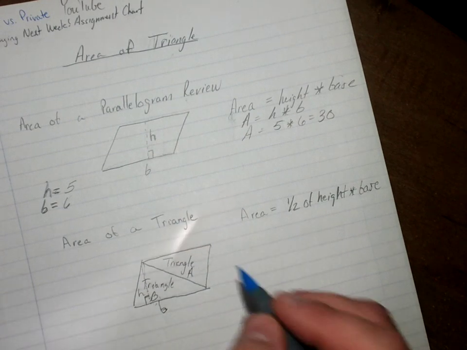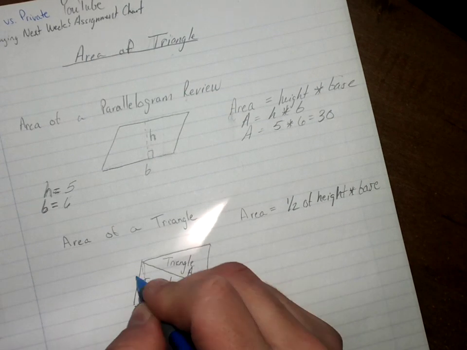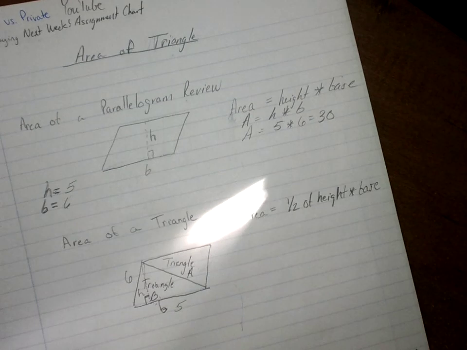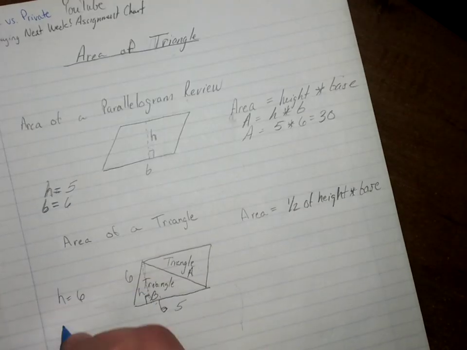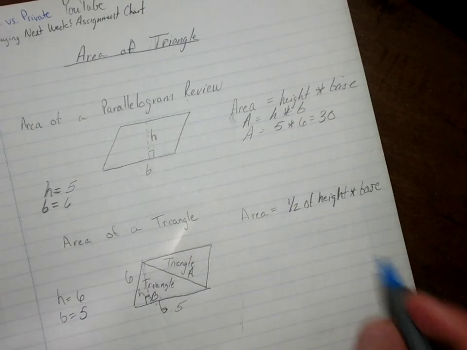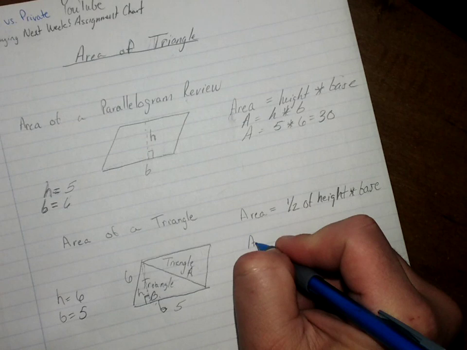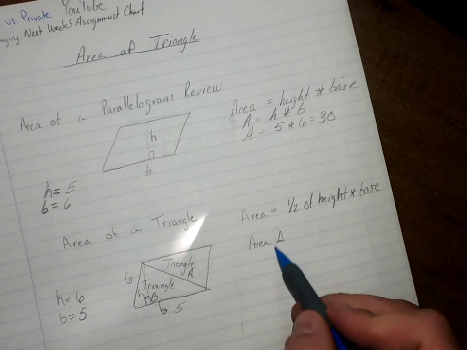So if I said the height was 6, so H equals 6, and the base equals 5. Well, that means that the area of triangle A, and this is the symbol for triangle, by the way.